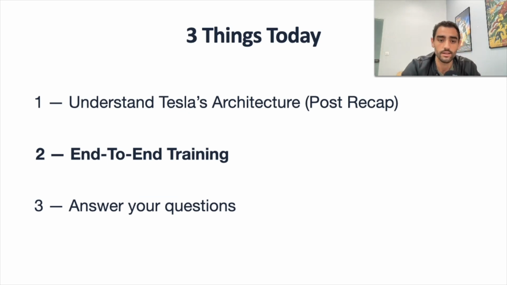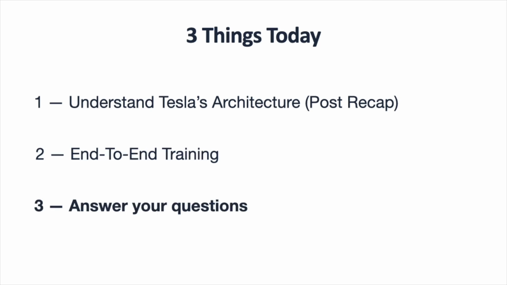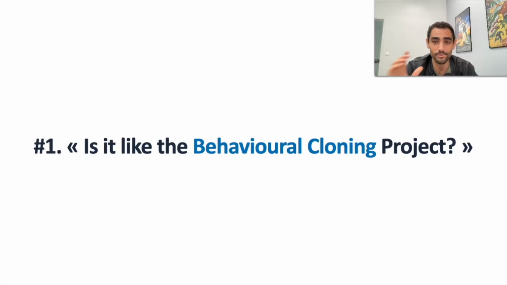And finally, I'm going to answer just two or three questions that I did not answer yet. Number one, someone asked, is it like a behavioral cloning project? Now, I did the Udacity self-driving car nanodegree back in 2017, and they had this fantastic project called the Behavioral Cloning Project.